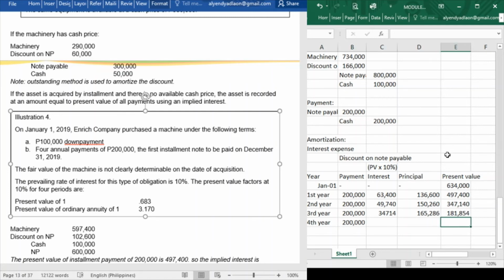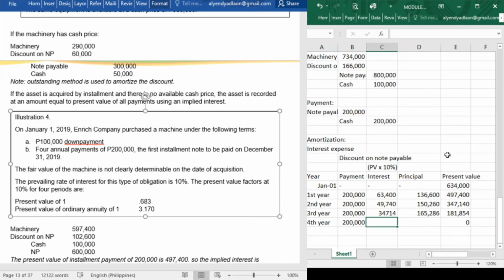Plus, take note that at this point, our present value should already be 0. It's because this is the last year of the annual payment. So, our present value should already be 0. Now, for our interest, that is 181,854 times 10%.